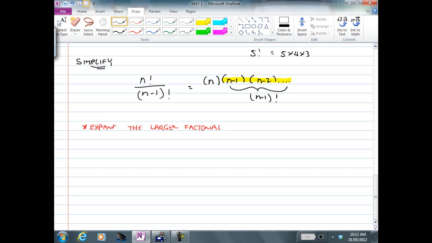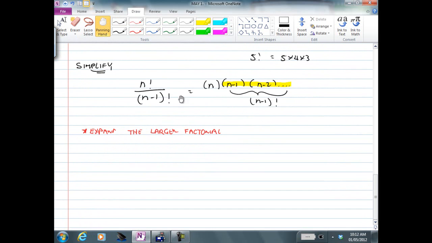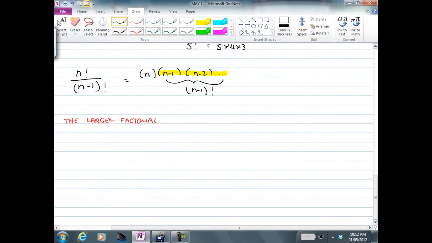Okay. How? Because I want you to expand out n minus 1 factorial. n minus 1 factorial equals n minus 1 times what? n minus 2 times dot dot dot. So would you agree that this whole thing is n minus 1 factorial?